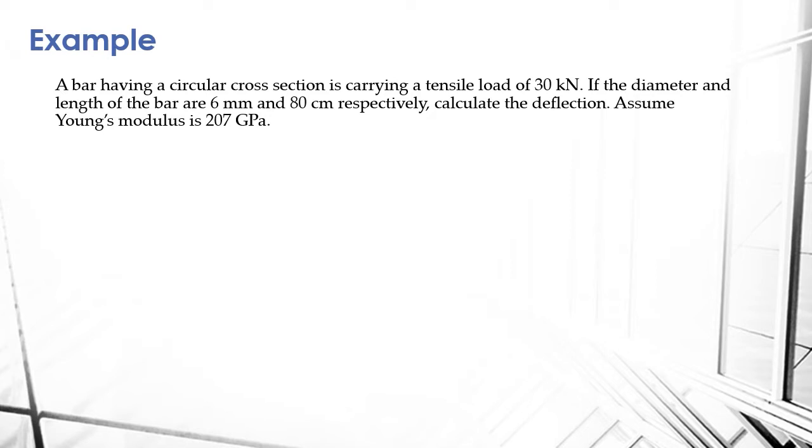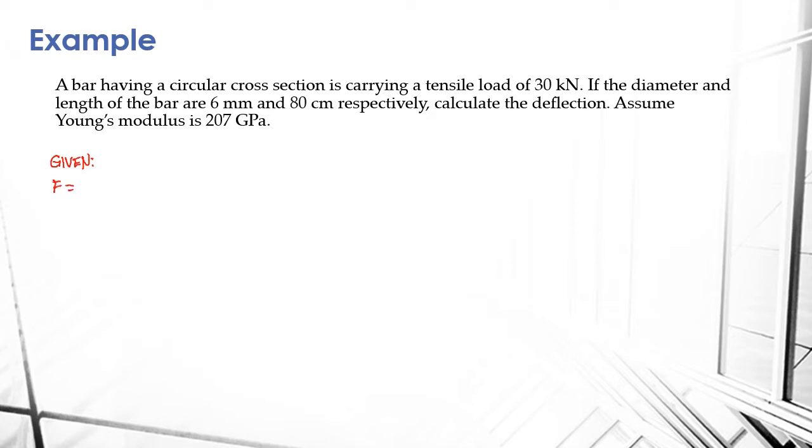Okay. So unsa atong buhaton? First atong buhaton is to identify the given, para makita nato unsay kulang. So lista nato tanan given. Gihatag niya ang tensile load, so ang load or F.